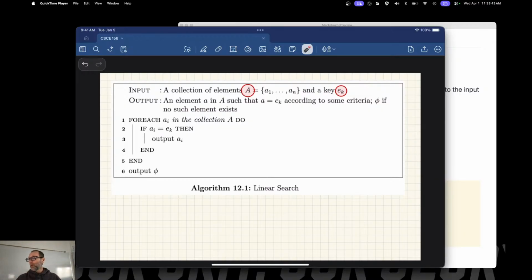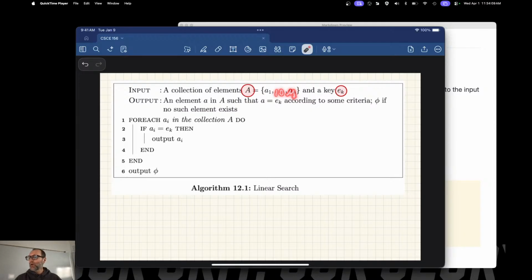Which one of these, either the collection or the key, is going to have an actual effect on the performance of this algorithm? Well, you're doing a for loop, and you're iterating over each one of these things in the collection. That's going to change. If the collection only has 10 elements, then you're only going to be doing 10 things. If the collection has 10 million elements, you're going to be doing a lot more things.